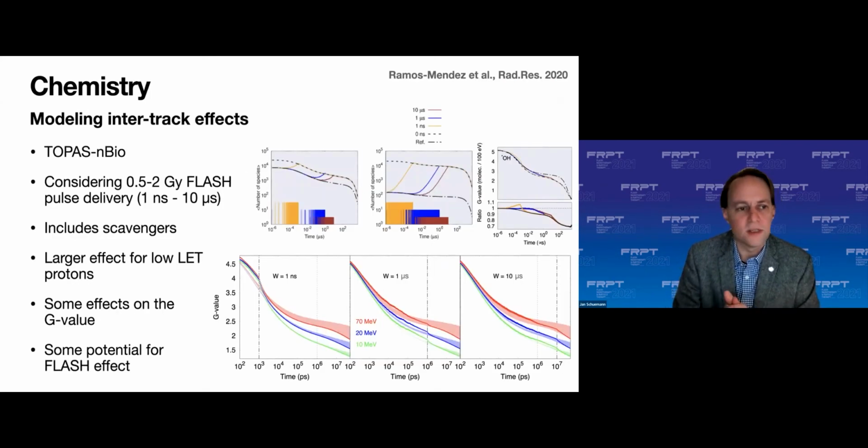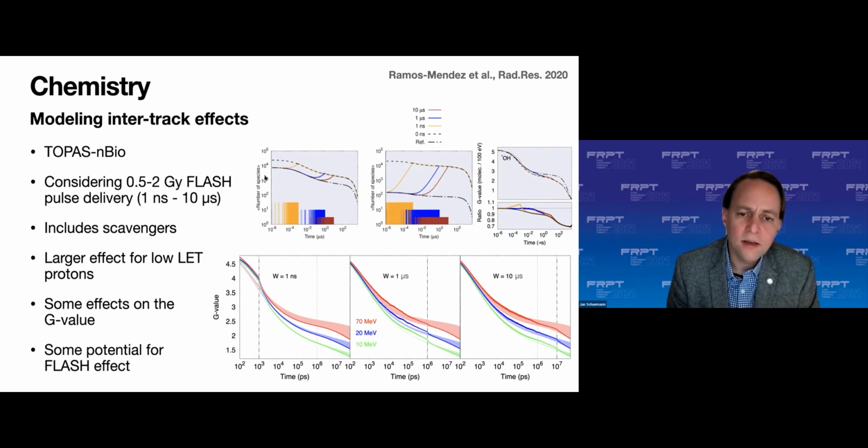So Jose Ramos did a very interesting study where he actually used the track structure code to simulate intertrack particle interactions, and looking at different beam pulse deliveries of somewhere between 1 nanosecond to 10 microsecond. These are actually randomly distributed in time, but it looks a little skewed due to the logarithmic timescale on the bottom.